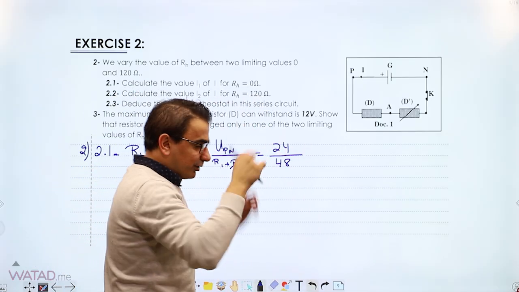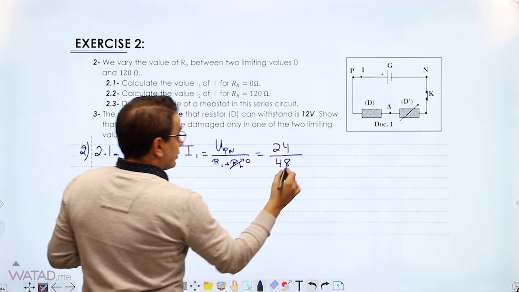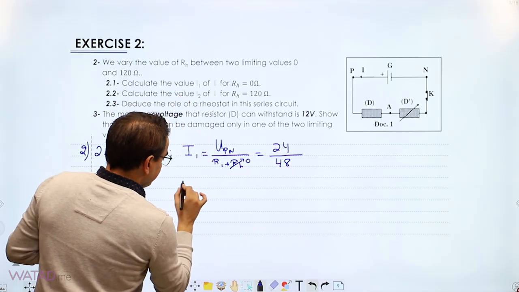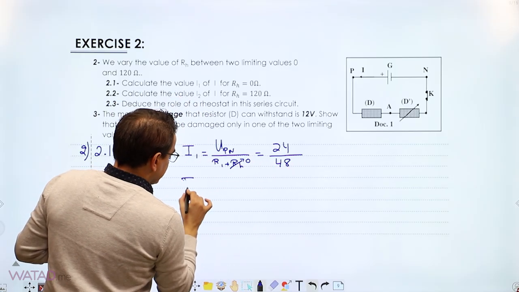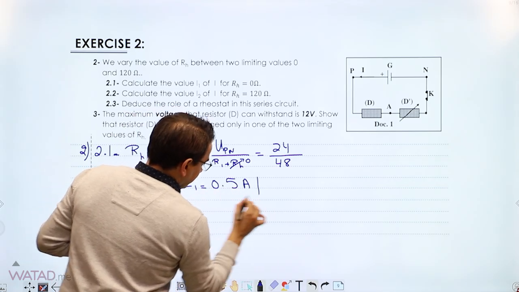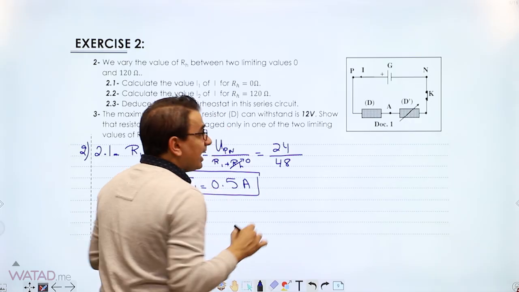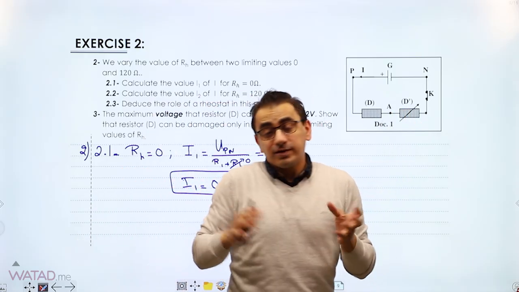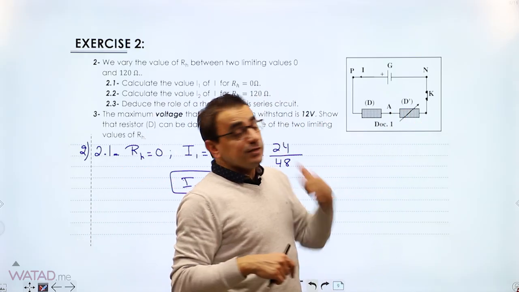I remember because I corrected the ohm beside it. So I1 equals 0.5 ampere. So when the rheostat's resistance is 0, the current is 0.5.